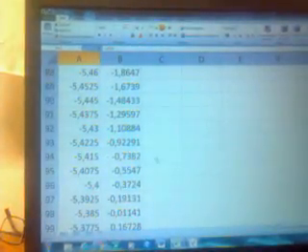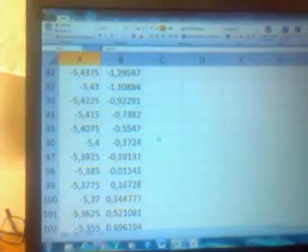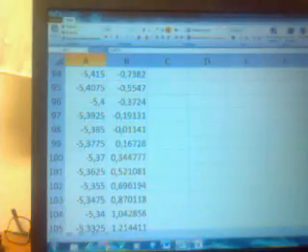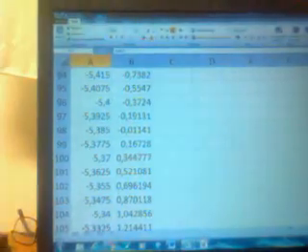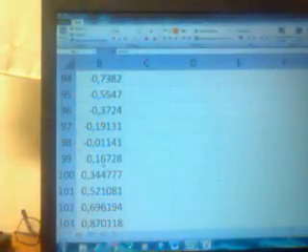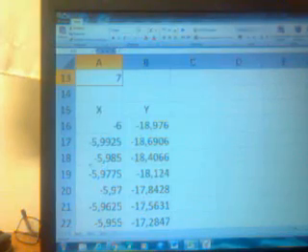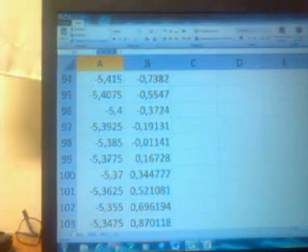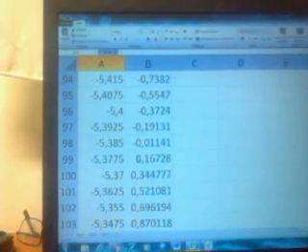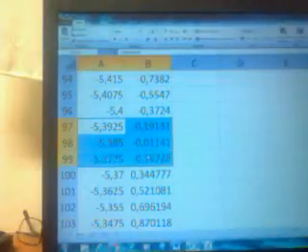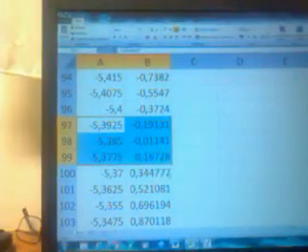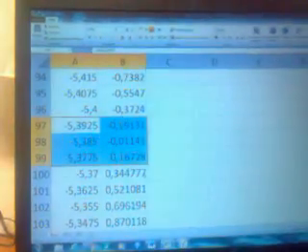Yeah, here it is. Here it's going from minus to plus, where it crosses the zero line. Now I have to zoom back out.